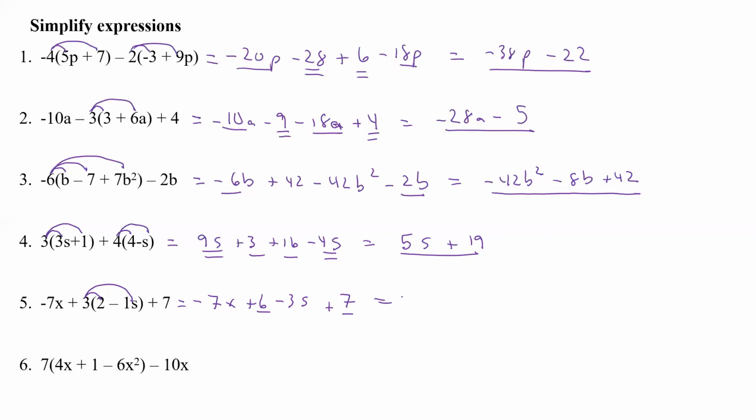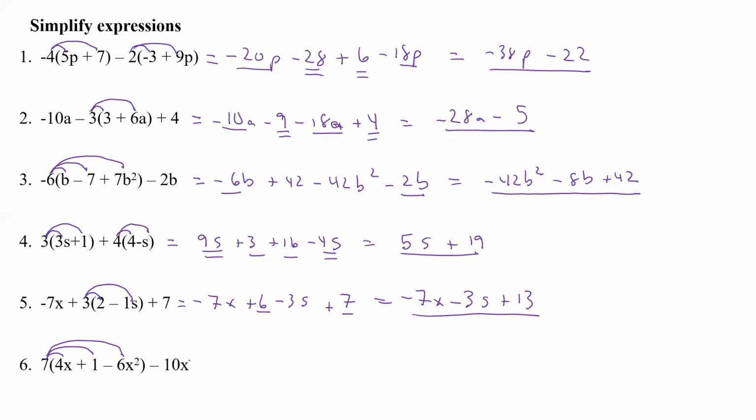And so I'm just going to write down minus 7x minus 3s, and then 6 plus 7 is going to give us plus 13, and that's as far as we can go. Now, if this had been an x instead of an s, well, then we could have done a little bit more. We could have added those first two together, but since it's not, this is as far as we can go. So it's really a matter of paying attention to what your variables are and adding the like terms together. All right, what about here?